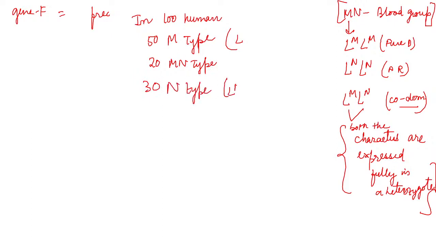So N will be Ln Ln, M will be Lm Lm, and this one will be Lm and Ln, which is codominant, right?